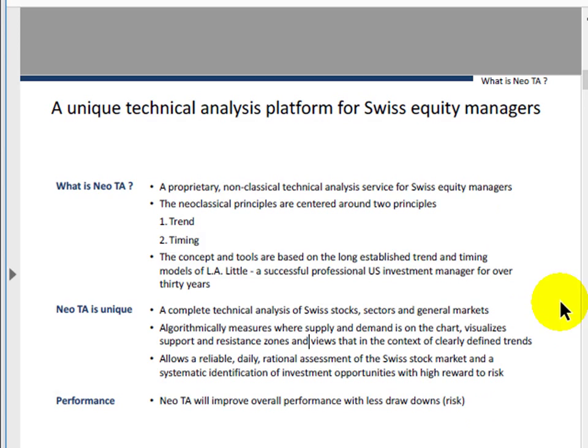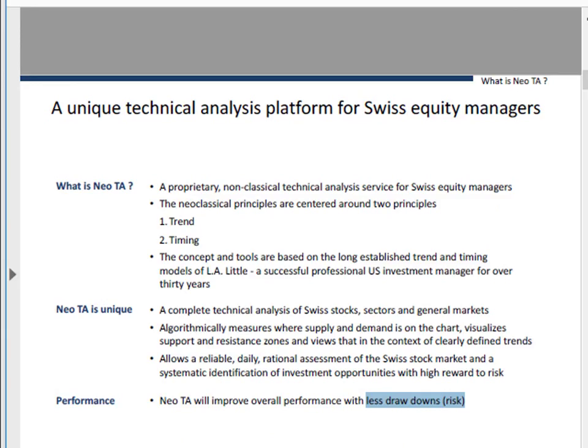And again, that's the sort of thing we're going to talk about as we go through the practical application of this model. It allows a reliable daily rational assessment of the market, and it's going to improve your overall performance, and in particular, you're going to have fewer drawdowns.